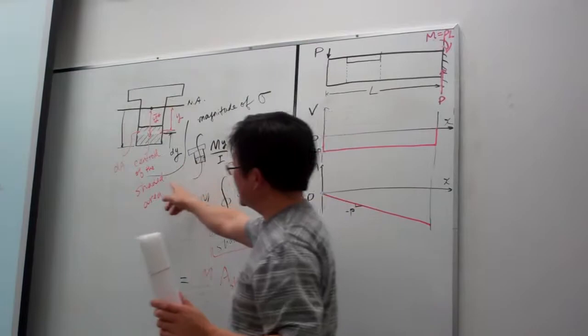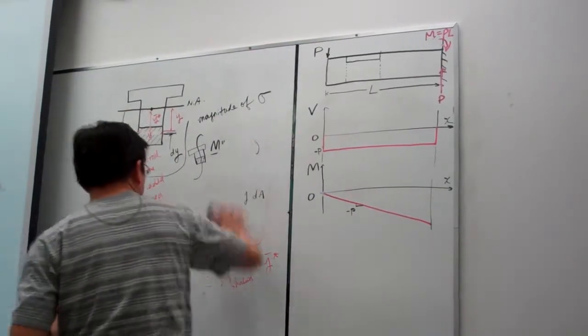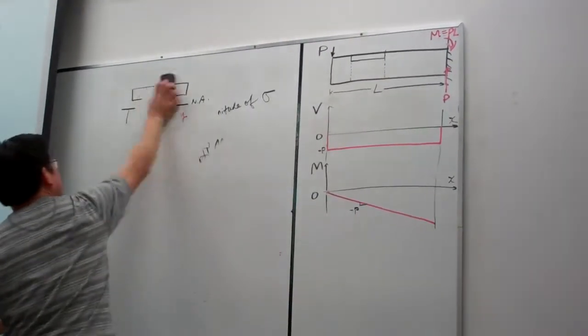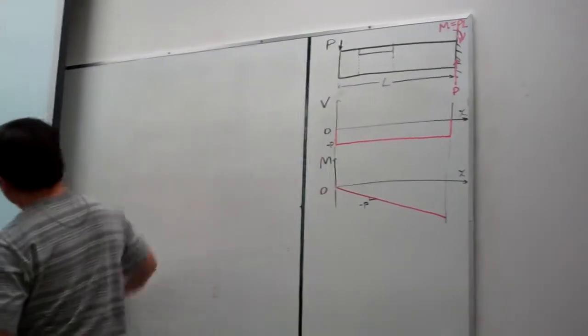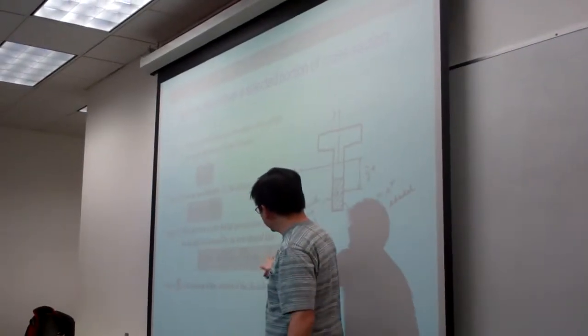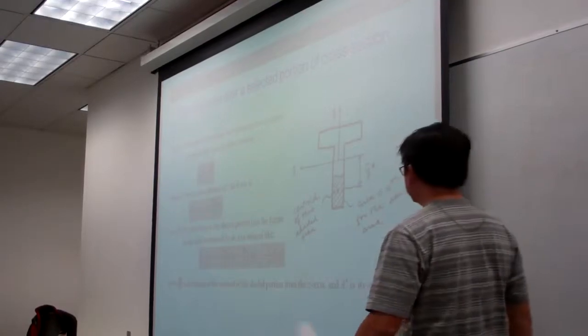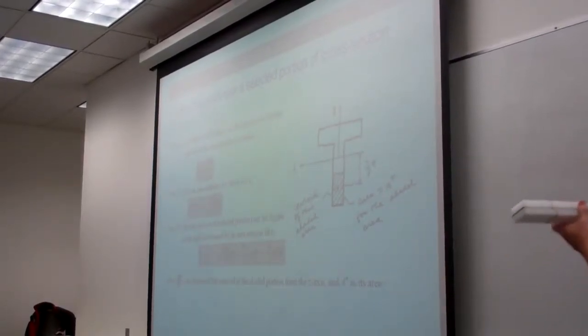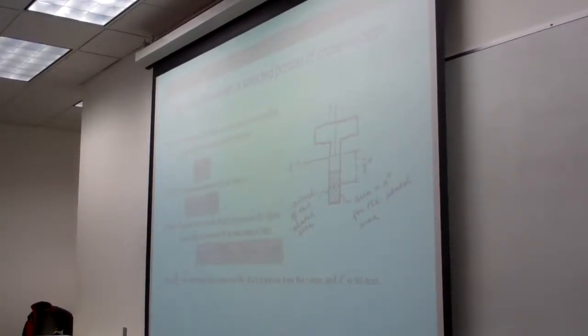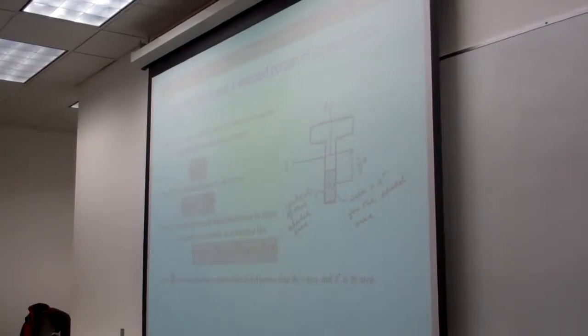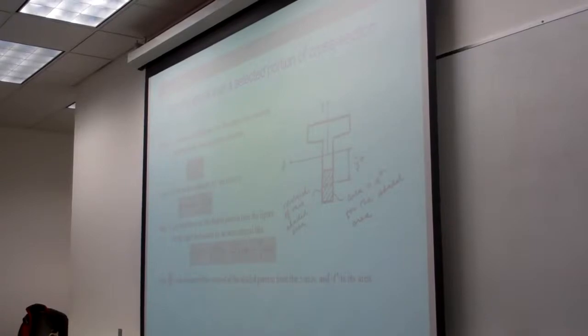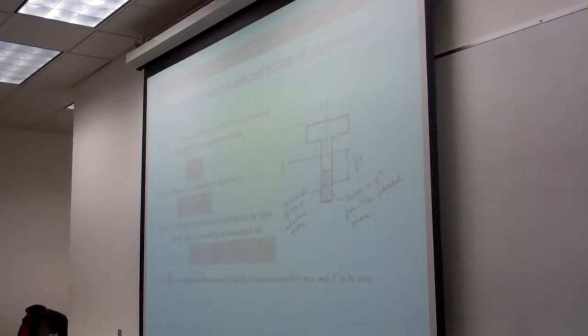We can use this equation. So let me simplify this. Again, we can utilize this equation here. And for this case, the bending is like this. So let me draw the free body diagram of this part to here.